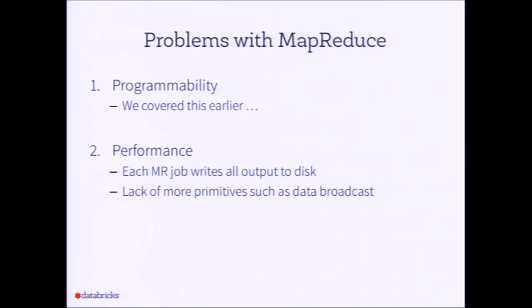For example, if you're running machine learning, you might be updating some model at every iteration. And once you finish updating that model, you want to broadcast it to every single worker, so your nodes know what the latest model is. That is actually fairly hard to do with MapReduce. The way we do it is you write the model to HDFS, and then everybody reads from HDFS back in again. So it's kind of cumbersome and also slow.